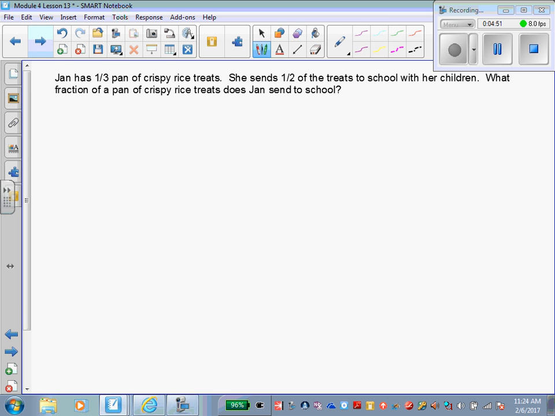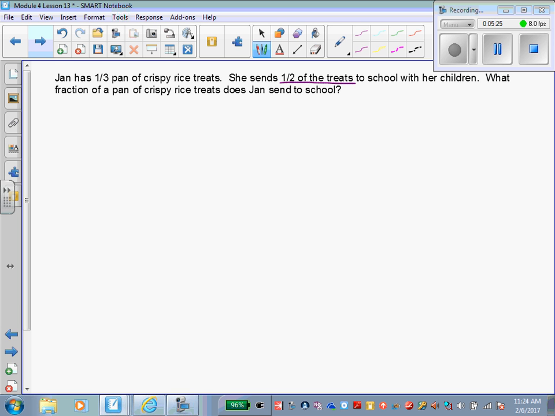Jan has 1/3 pan of crispy rice treats. Does she have a whole pan? No, she's only got 1/3 of a pan. She sends half of the treats to school with her children. So she sends half of what? 1/3. What, Tiana? 1/3. How did you get 1/3? Well, but it says half of the treats.